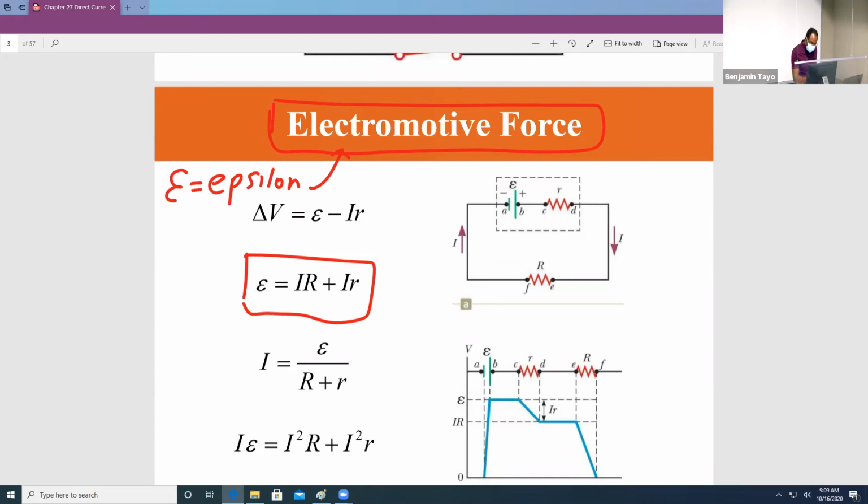The electromotive force, all of this is my battery. The point is that a battery has an internal resistance.